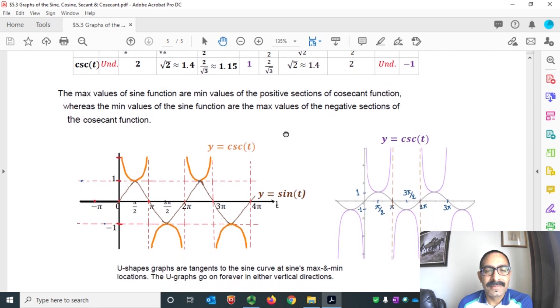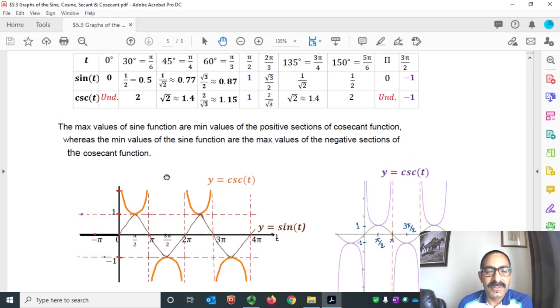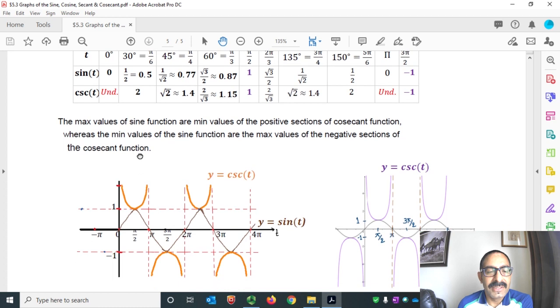Let's see here. We know the sine function graph is this one, right? And now for the cosecant function, let me put both together here. I can put these values here. So at 0, sine 0 is 0, but cosecant 0 is undefined, so it starts from there. At 30 degrees, sine is 1/2, somewhere here, and cosecant 30 degrees is 2, somewhere here.